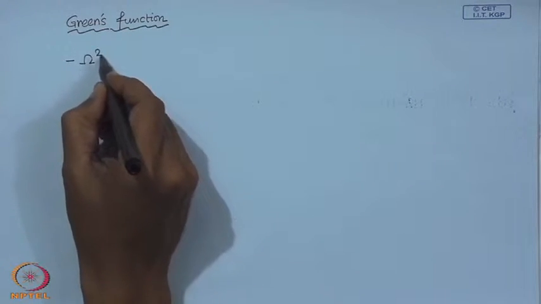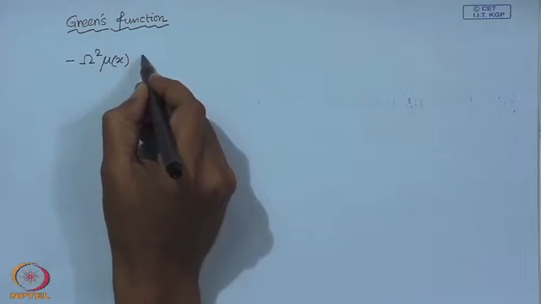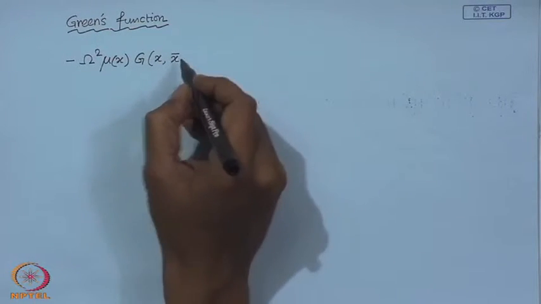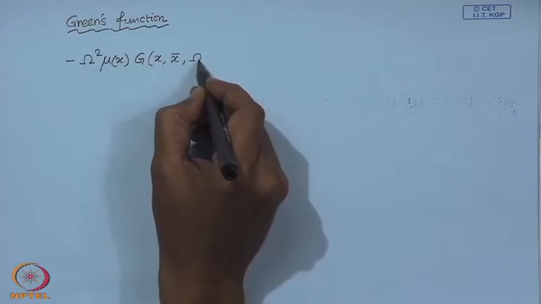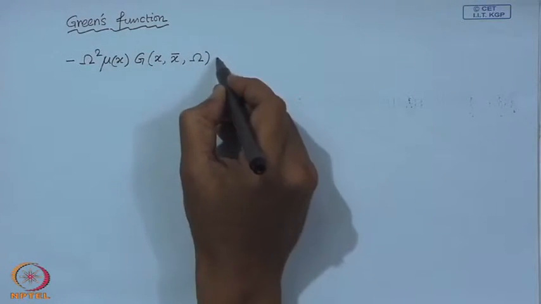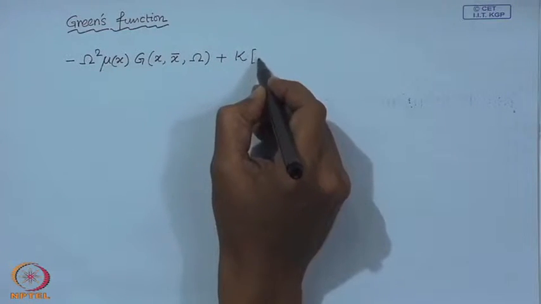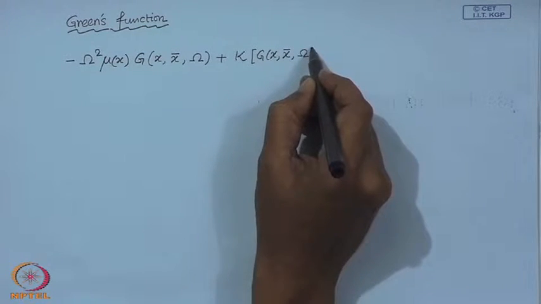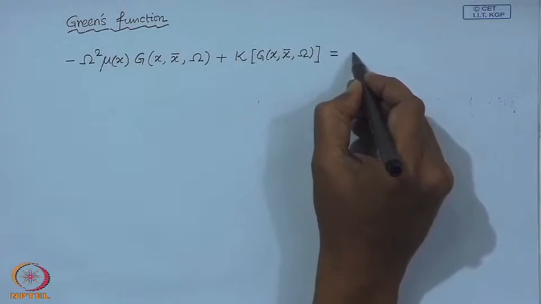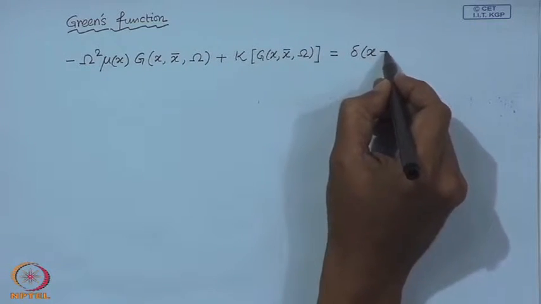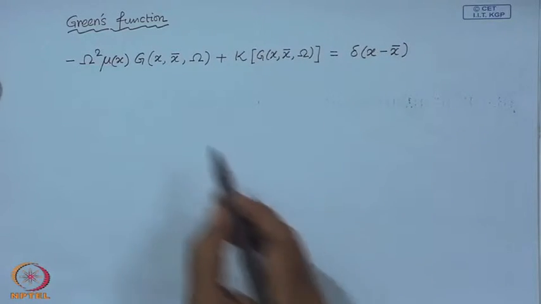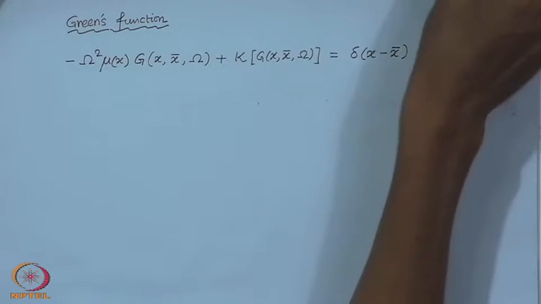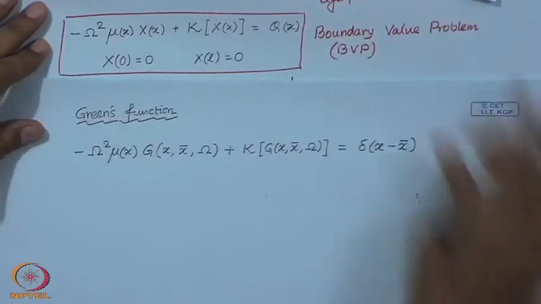So, we write it like this, we represent the Green's function using capital G, such that, so this was the differential equation of the boundary value problem, as you can see here.